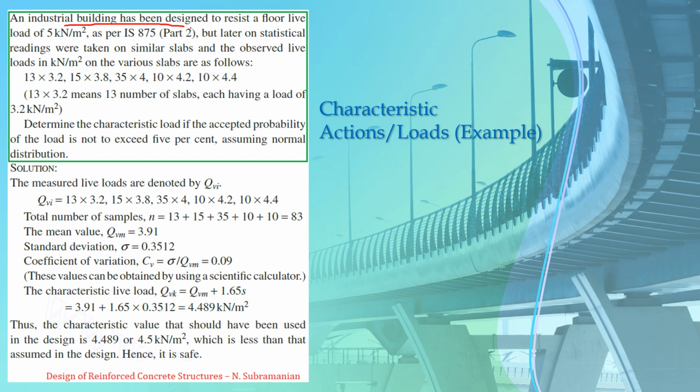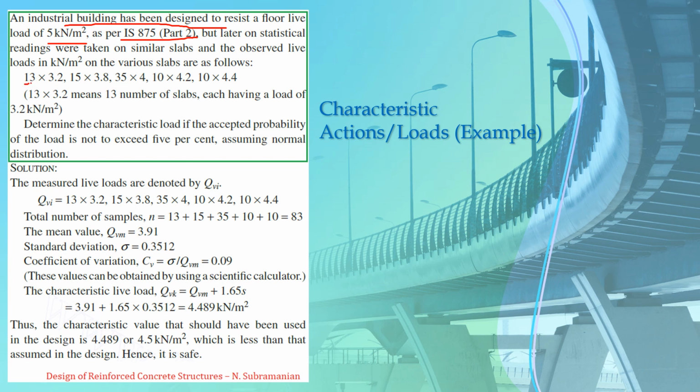An industrial building has been designed to resist a floor live load of 5 kN per meter square, as given in this code here. But later on, statistical readings were taken on similar slabs and the observed live loads in kilonewton per meter square on the various slabs are given here.